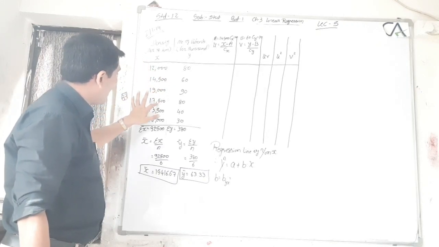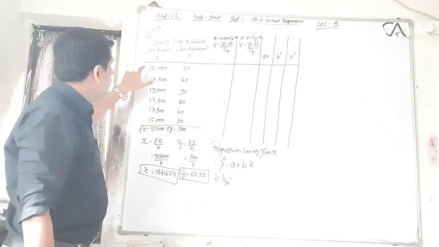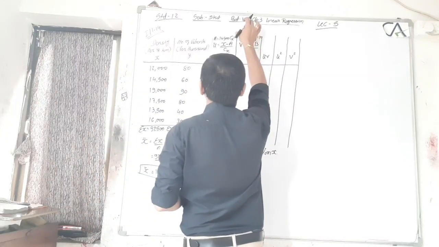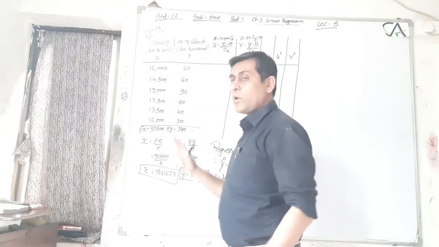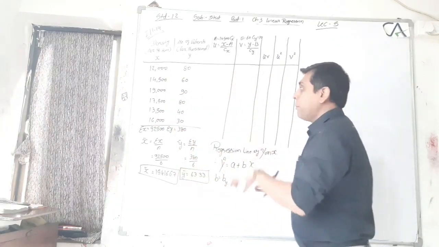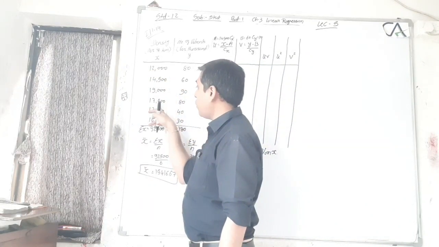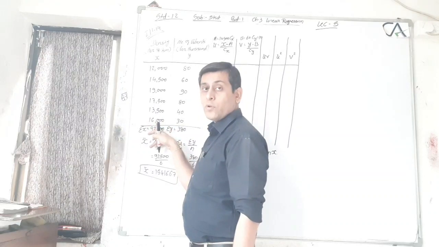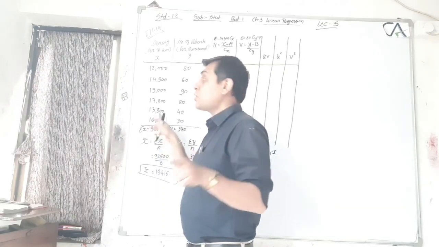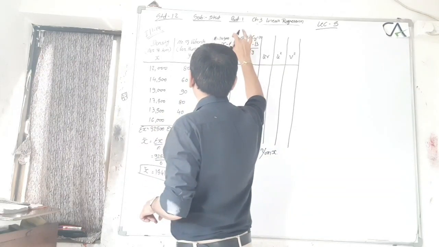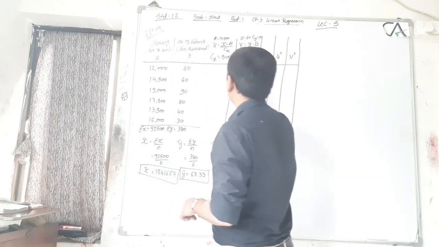To make it simple, we can take 500 as common. Two zeros are common, that's why we can take 100, and the next amounts end in 5 and 0, so we can take 5 common also. So 100 into 5, that's why cx is equal to 500.